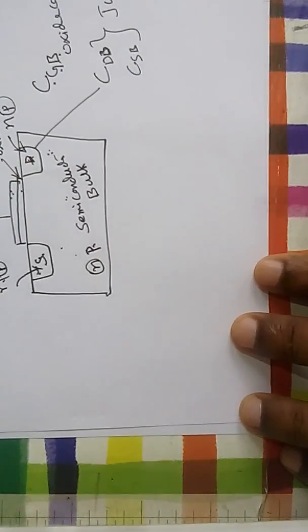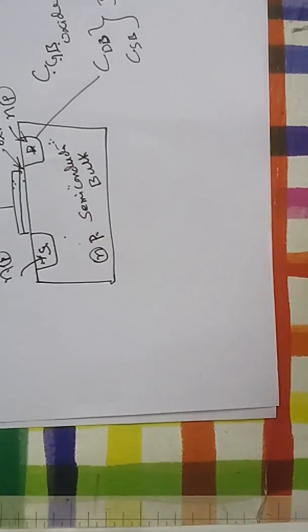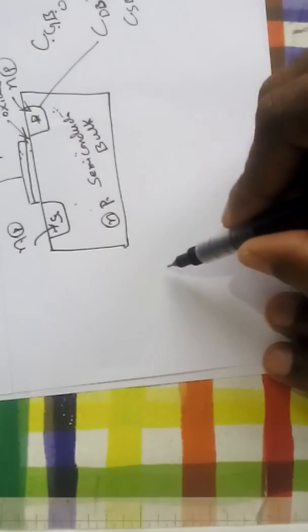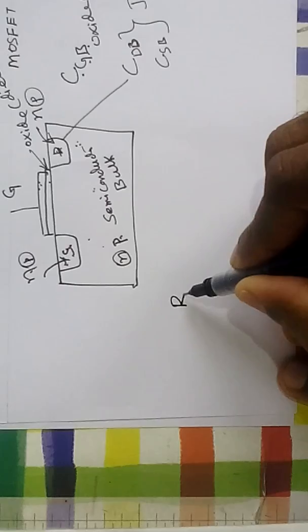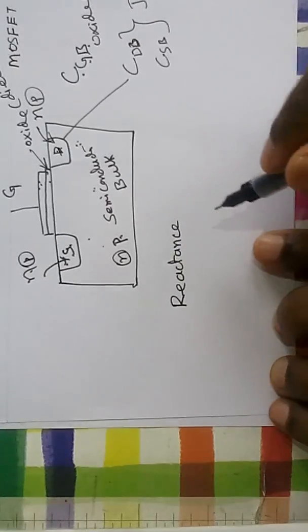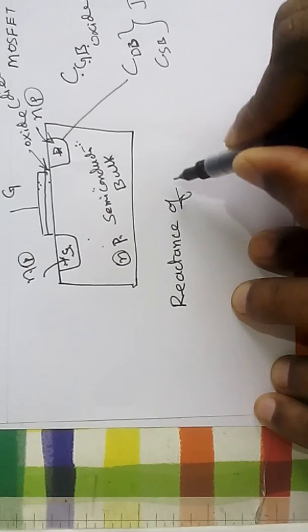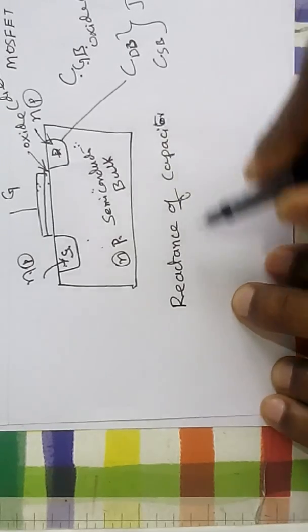When it comes to a capacitor, what is the opposition by this capacitance? Will it allow all the signal? We define something called reactance. We will not say resistance, we call it the reactance of the capacitor.